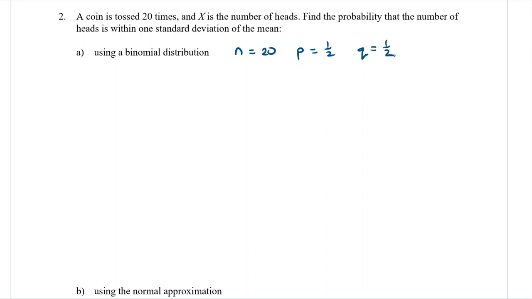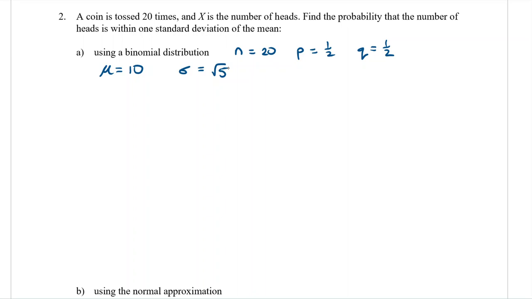But this time we're talking about scores that are 1 standard deviation from the mean. So I have to find out what those scores are that are 1 standard deviation from the mean. I'm going to need to know what the mean is. Actually, we already know that. So it's the same as last question. What was my mean? It was 10. What was my standard deviation? The variance was 5. So it was root 5 for the standard deviation, because this was the same as the last question.